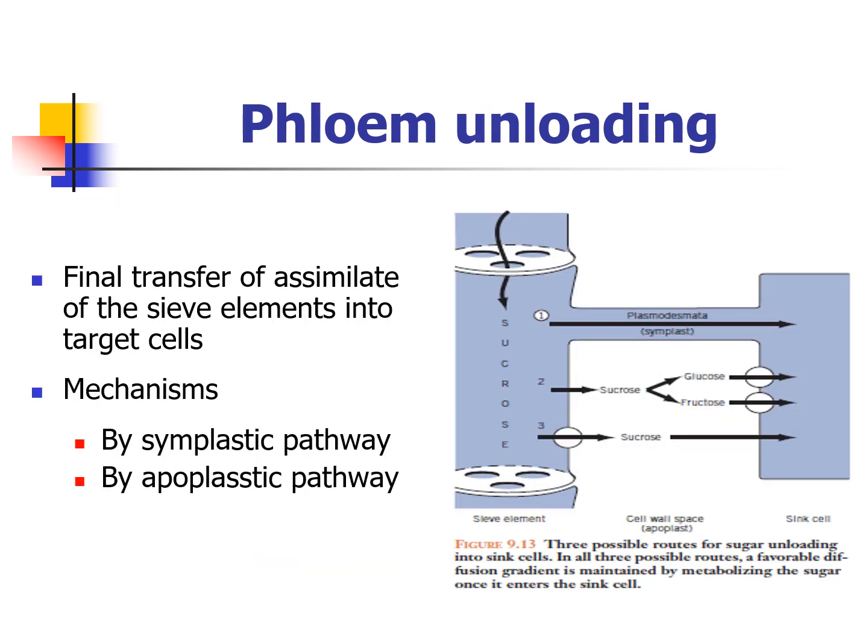By phloem unloading, we mean the final transfer of assimilate out of the sieve elements into the target cells. There are two mechanisms of phloem unloading: the symplastic pathway or the apoplastic pathway.